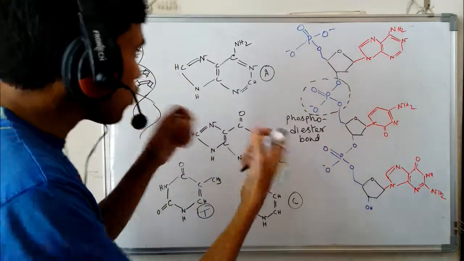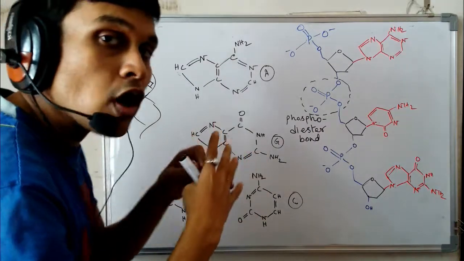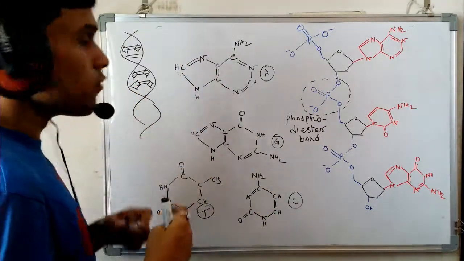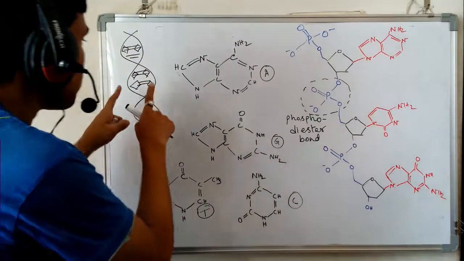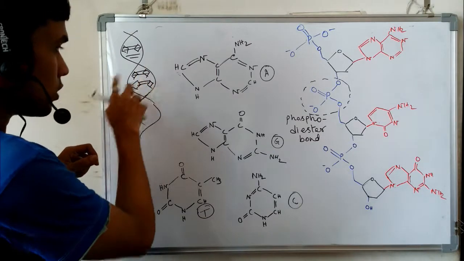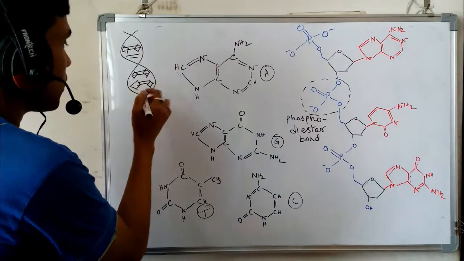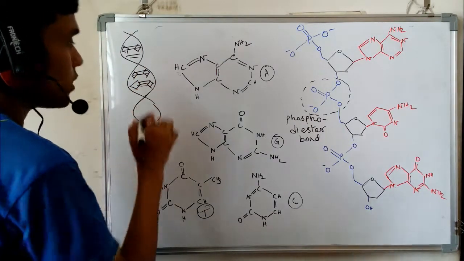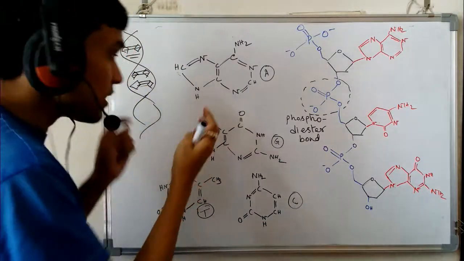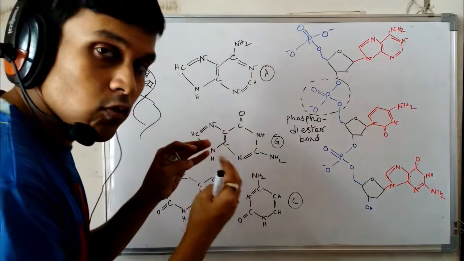If I see the core part of the DNA, which is not exposed outside, it is made up of nucleobases, and the nucleobases of the 2 strands are bonded with hydrogen bonds. But these are inside, the core part of the DNA.